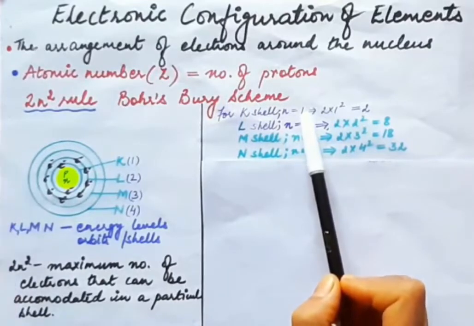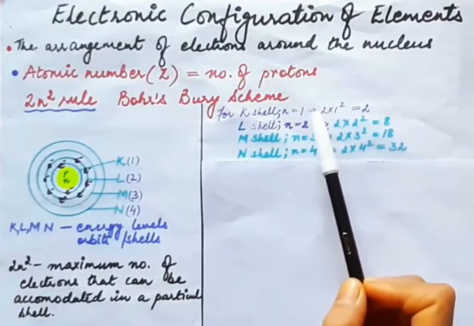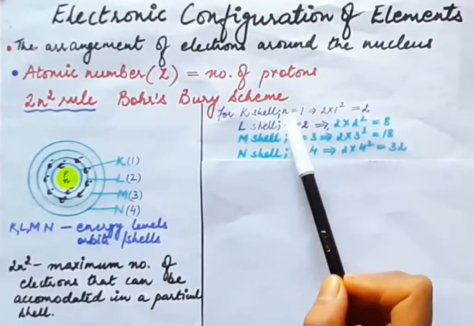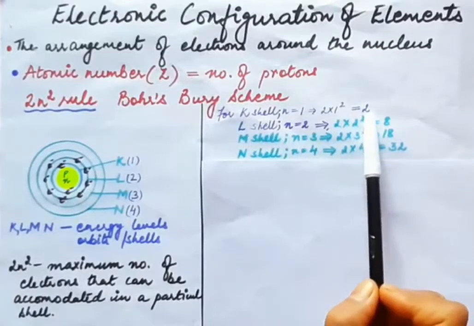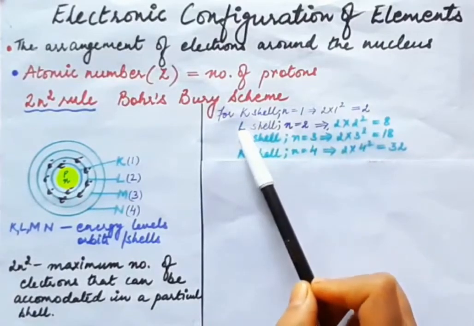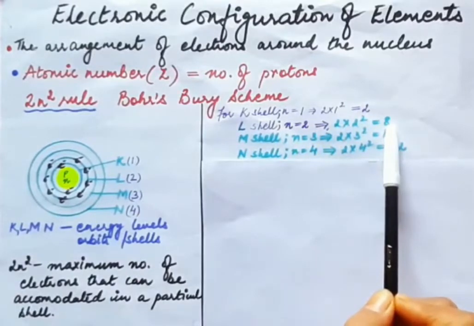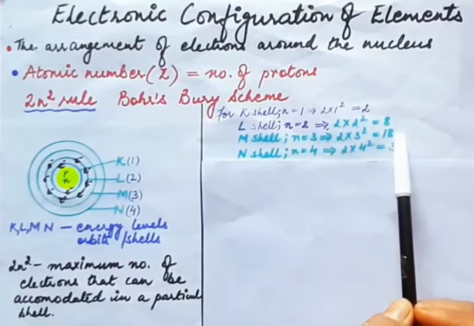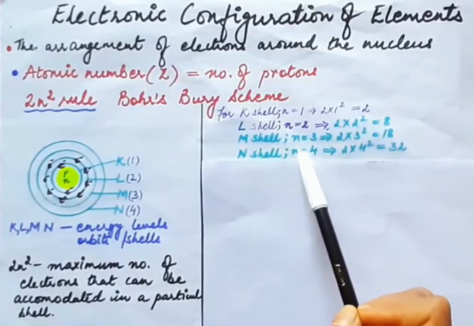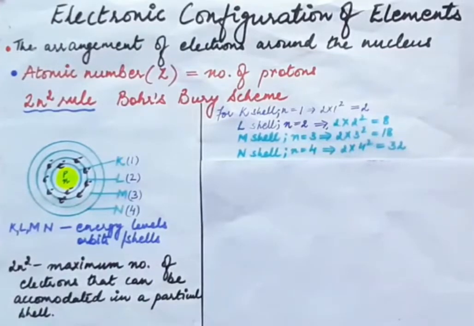Here in the 2n square rule, n refers to the number of the shell or energy level. If n is equal to 1, we are talking about the first shell. It can have a maximum of 2 electrons. Second shell or L shell, n is equal to 2, can have a maximum of 8 electrons. Third shell can have a maximum of 18 electrons, and fourth shell, when n is equal to 4, can have a maximum of 32 electrons.